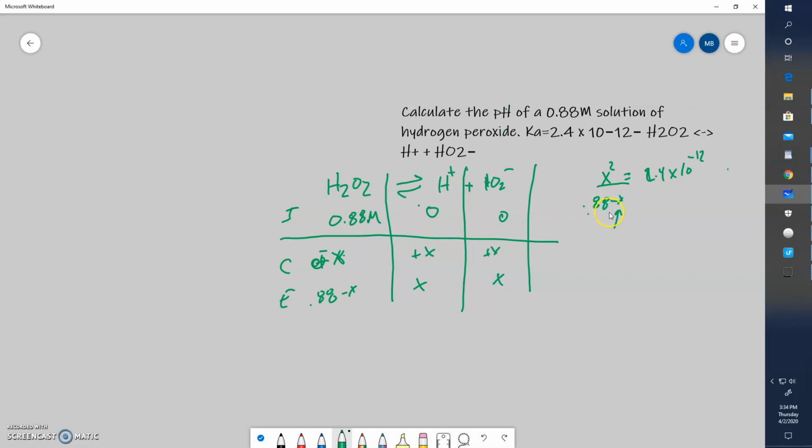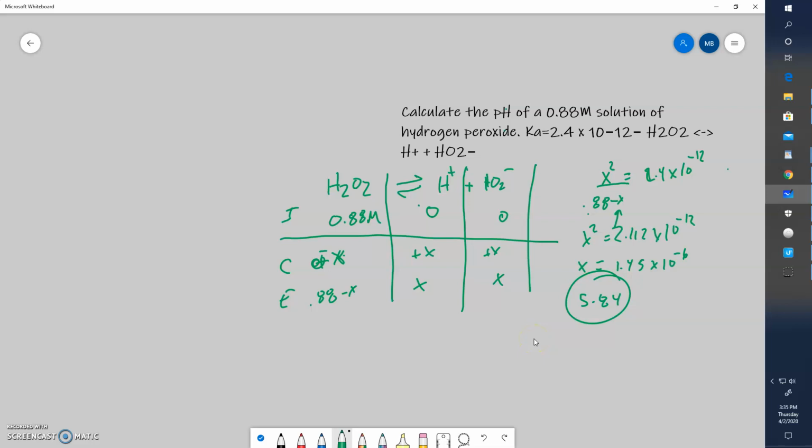When I multiply 0.88 into that, I get X squared equals 2.112 times 10 to the minus 12. I take the square root of both sides, and my X is going to equal 1.45 times 10 to the minus 6. And then to get the pH of that, I take the negative log, which ends up being 5.84.